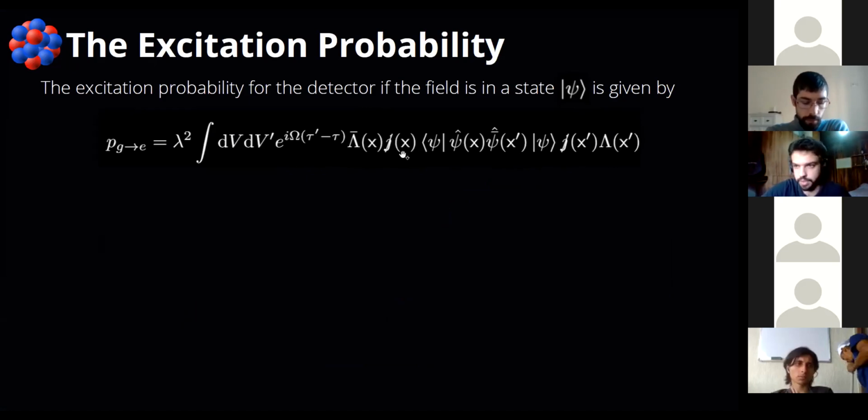The order of the spinors smearing has to be contracted in this way, and with this 2-point function, fermionic fields actually have two different 2-point functions: if you place the psi here and here, or if you place it the other way around, and the other way around shows up in the excitation probability. I'll write it down later so we compare it. But well, this will be the excitation probability.